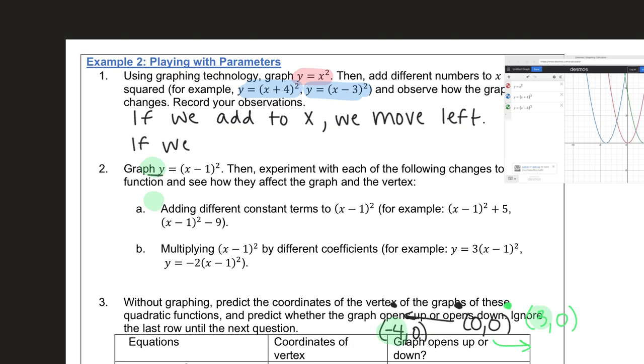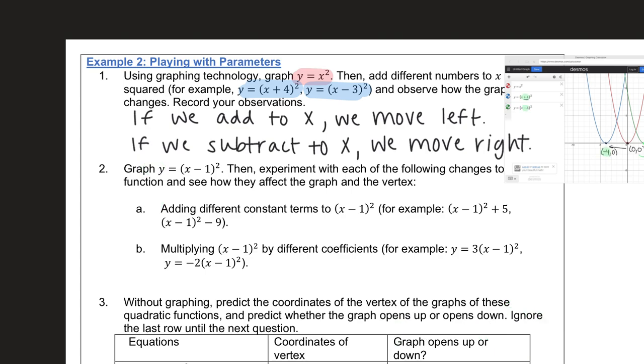If we subtract from x, we move right. Okay, so it is the opposite. Typically, when we think adding, we think moving to the right, but it is the opposite here. If we add to x, we are moving to the left. If we subtract, we are moving to the right.